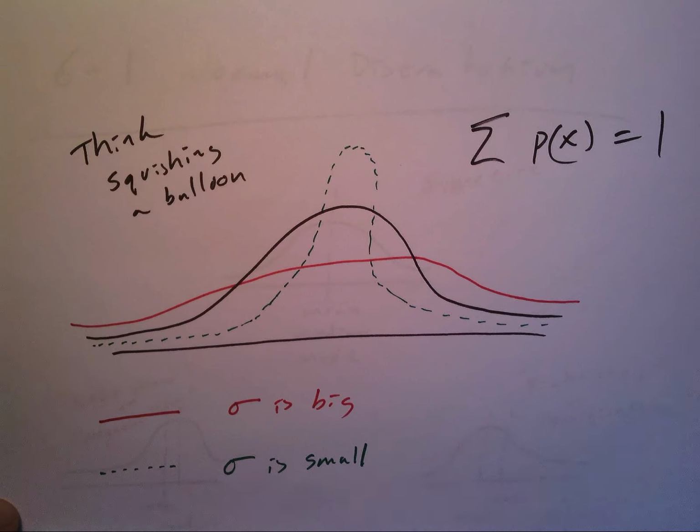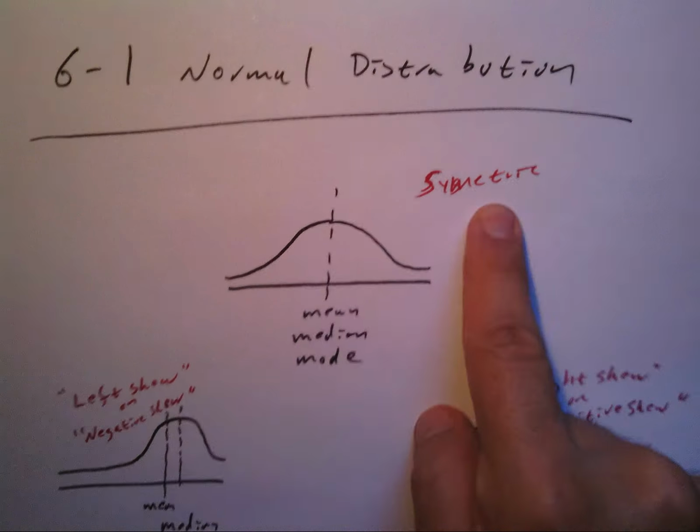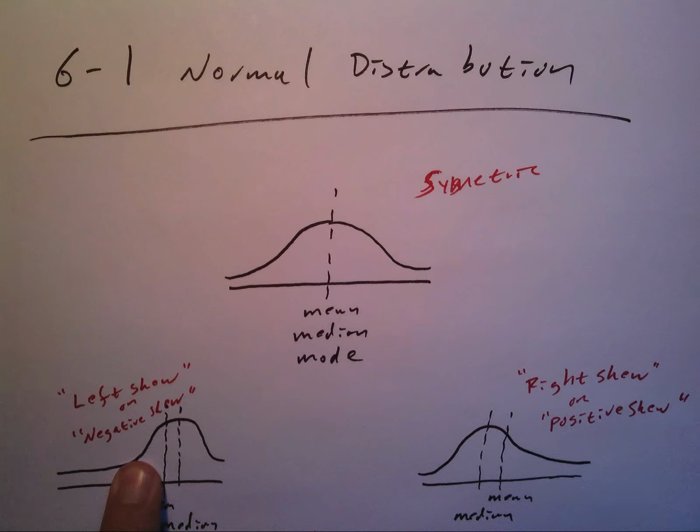Some of the vocabulary that goes along with this is symmetric, left skew or negative skew, right skew or positive skew. Now, we call it left skew because the mean has been pulled to the left of the median. It's called negative skewed, which is the same thing, because the mean is pulled towards the negative side on the x-axis. See how it all works together?